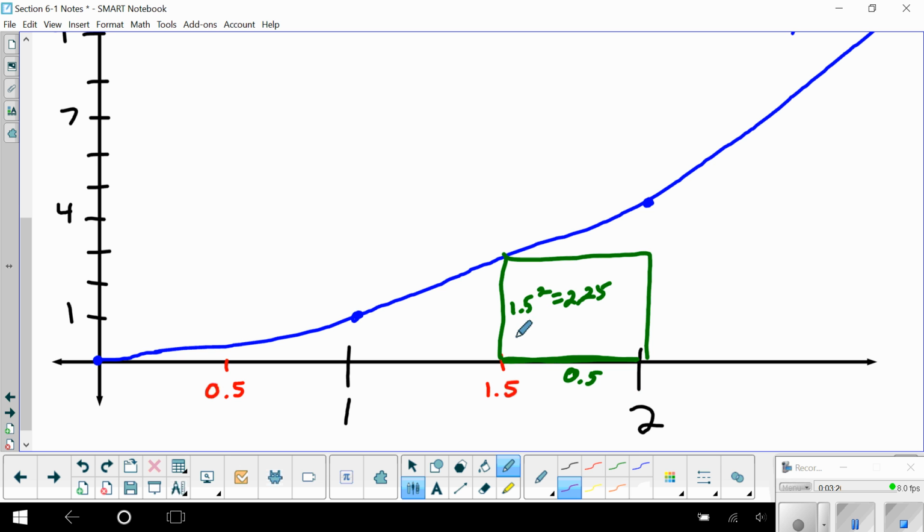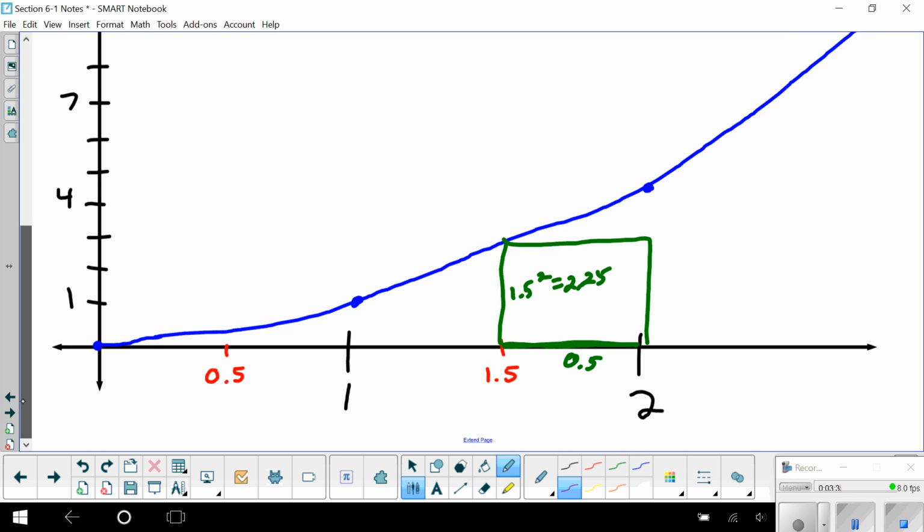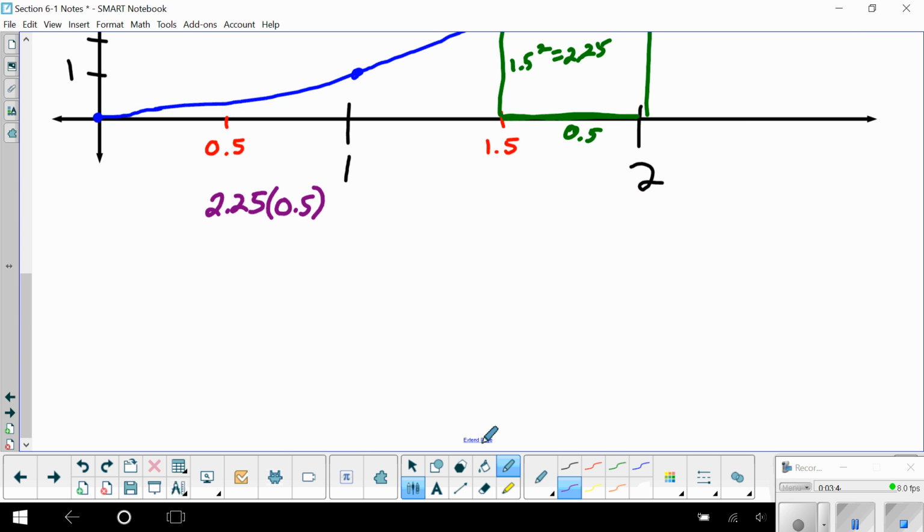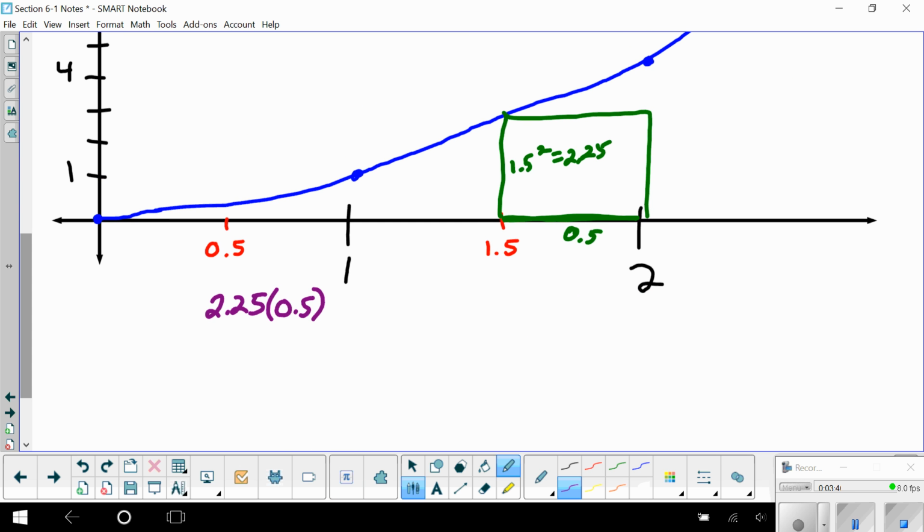So in this rectangle, the left side was 1.5. I went up till I hit the curve. And since it was at t squared, that's at 1.5 squared, which is 2.25. So that means the area for my first rectangle is 2.25 times 0.5, which is going to be 1.125.